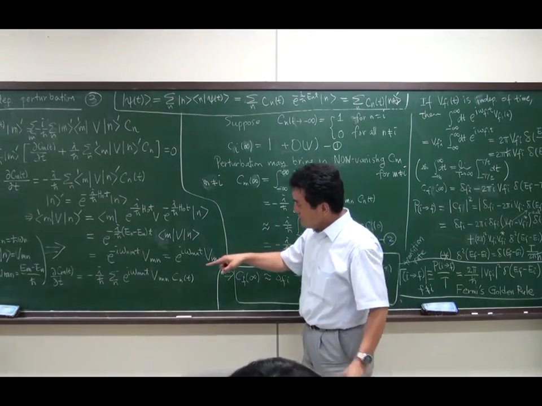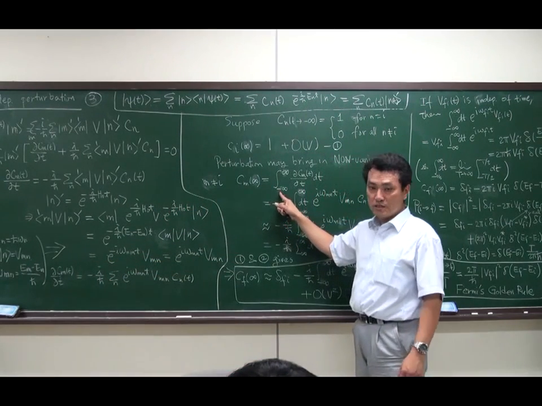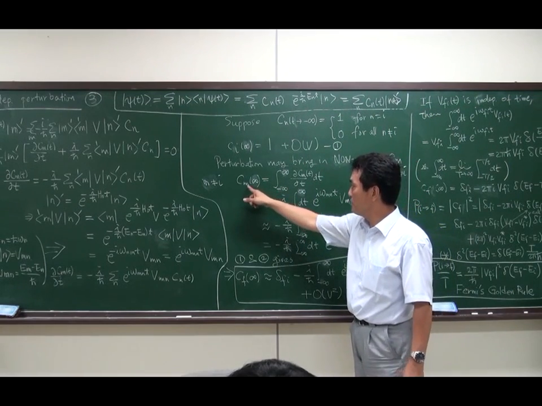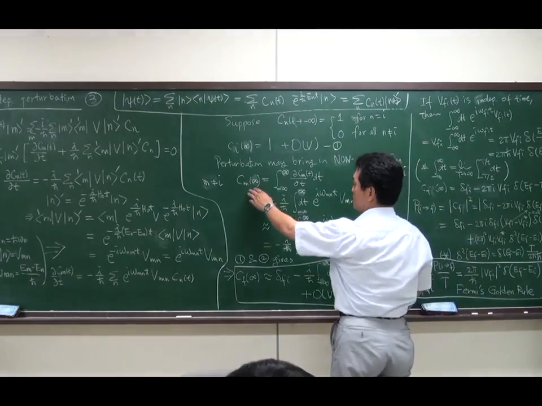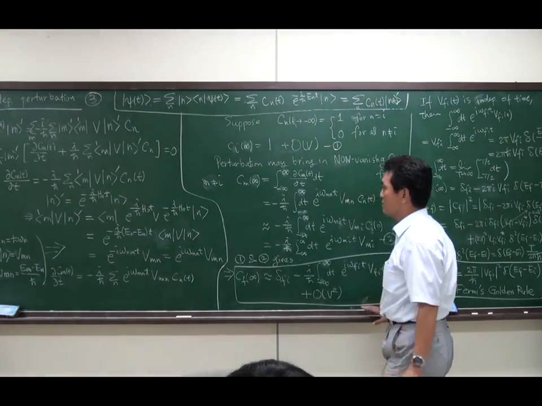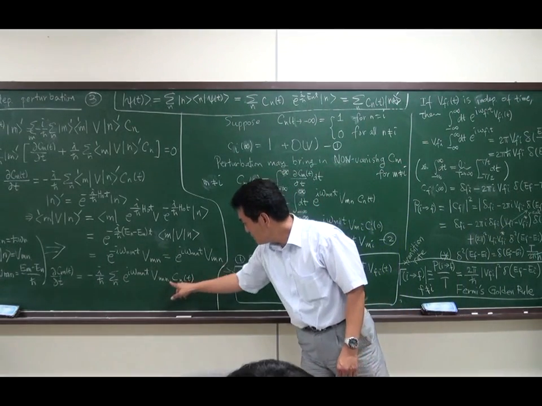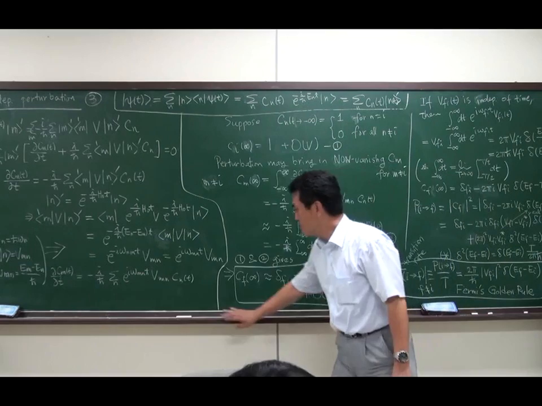If we integrate, the initial value must be added to this definite integral, but the initial value is 0 because n is different from i. So what I consider is just the definite integral from minus infinity to infinity, and the surviving piece is just for n equals i, and this factor is 1.